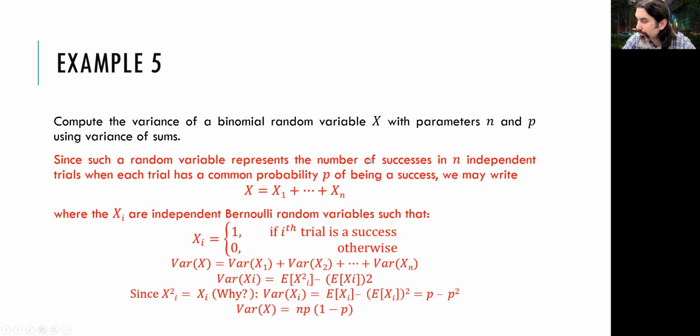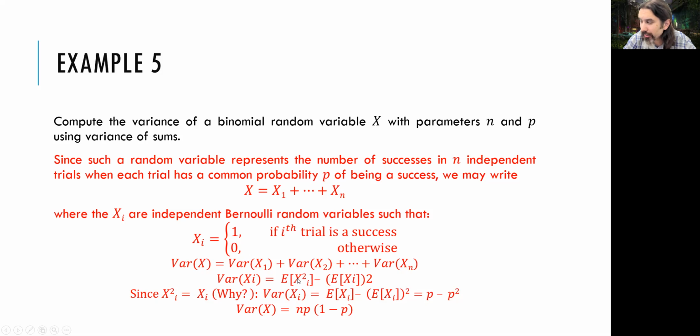Then the expected value of x squared, minus the square of the expected value. Now, we know that x squared is equal to x. Why? Simple: because x is 0 or 1, then x squared can be just 0 or 1 as well, under the same conditions. So xi squared is equal to xi.